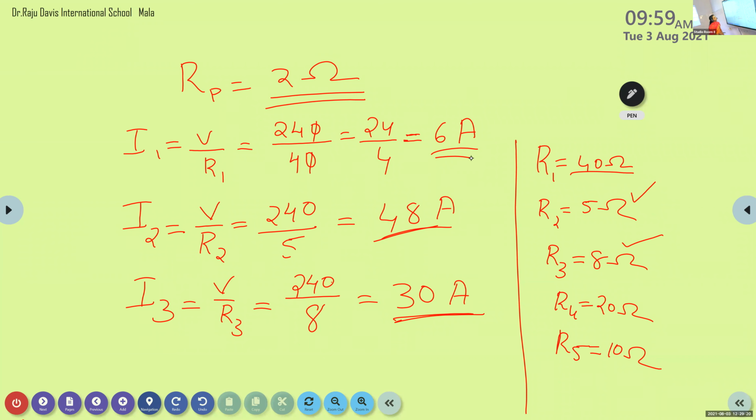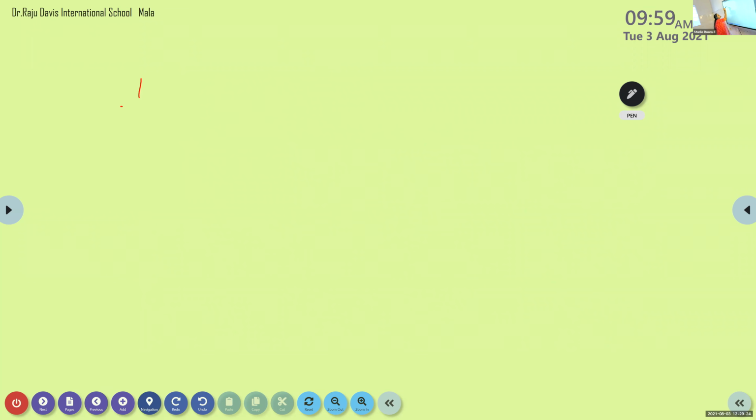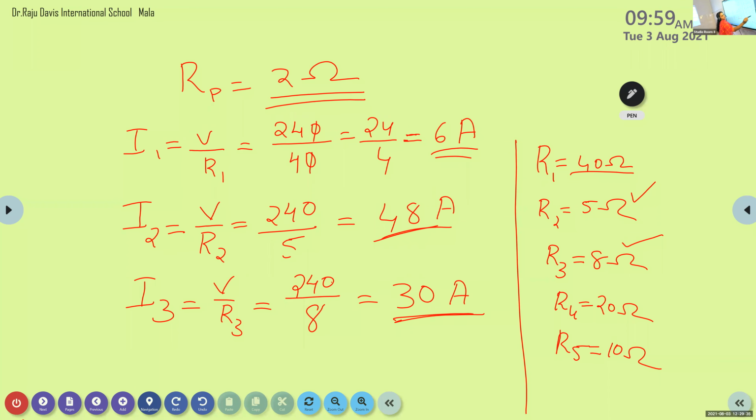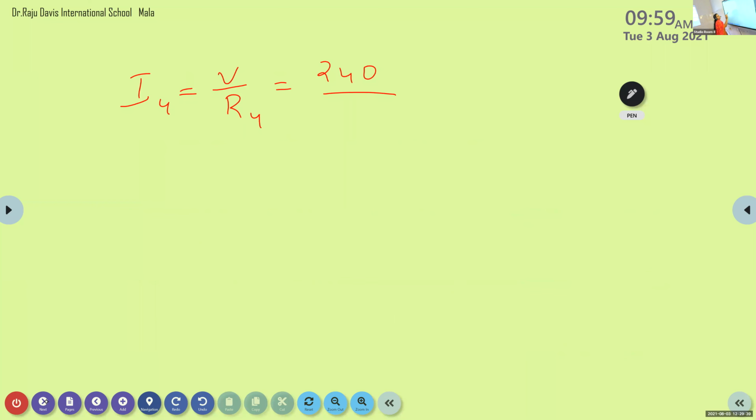Then we have to find two more currents. I4 is equal to V by R4. 240 divided by, what is R4? R4 is 20. So 240 divided by 20, 24 by 2, that is equal to 12 ampere.